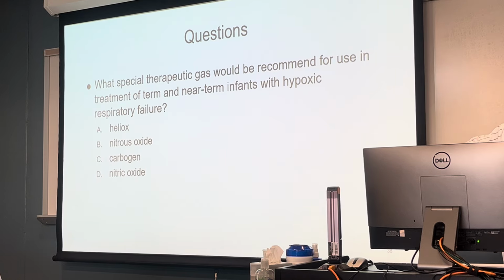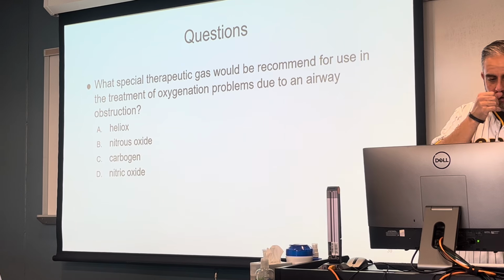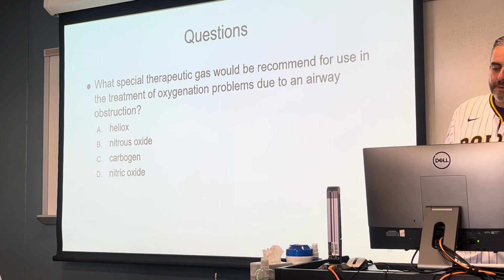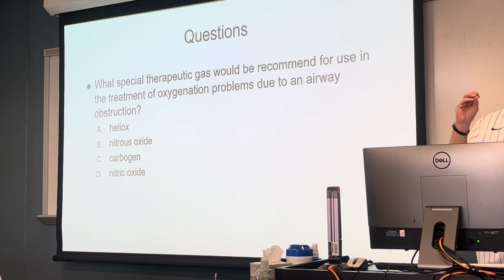All right, so this one's nitric oxide. What special therapeutic gas would be recommended for use in the treatment of oxygenation problems due to an airway obstruction? Heliox, nitrous oxide, carbogen, or nitric? This one's heliox. And again, does it do anything for the obstruction? No. It's simply a way to help get oxygen past the obstruction. I think we use asthma as an example.